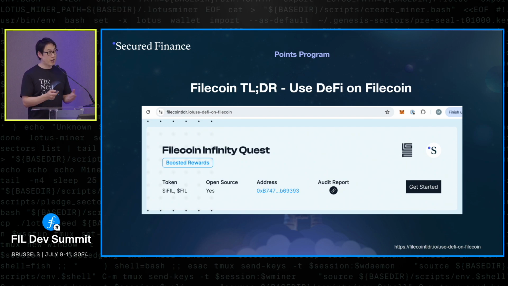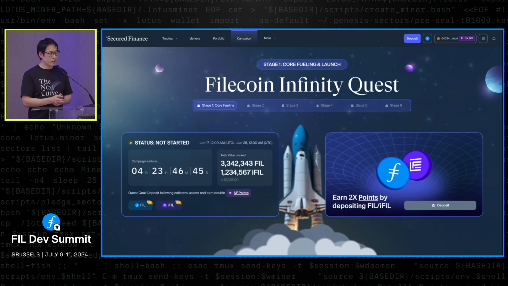So if you have some extra amount, or if you have already staked and have a plenty amount of liquid staking tokens, iFIL, then please come to us. We can give you our points as well. And this is a Filecoin Infinity Quest. It's a 6-stage approach. It's got depositing, limit order, active position, and going forward, we're going to mint a stablecoin. So that's coming in stage 4 thereafter.